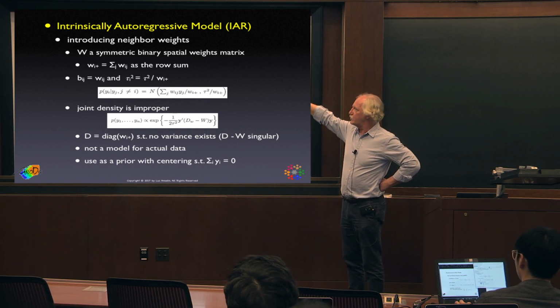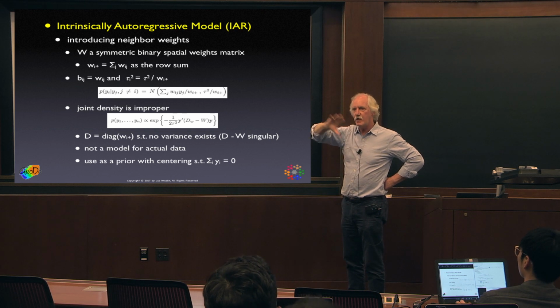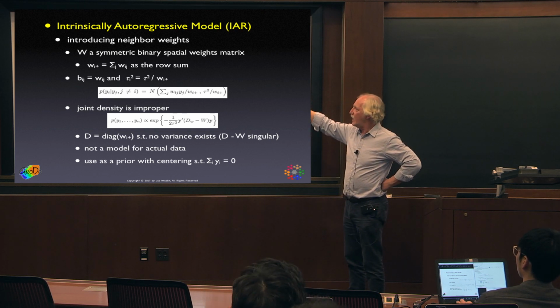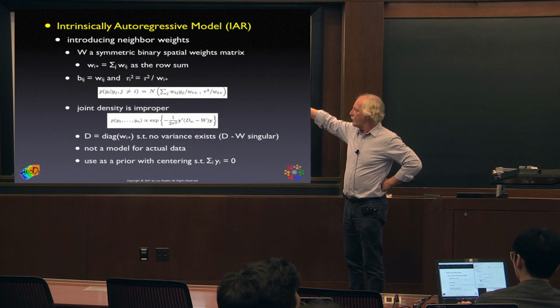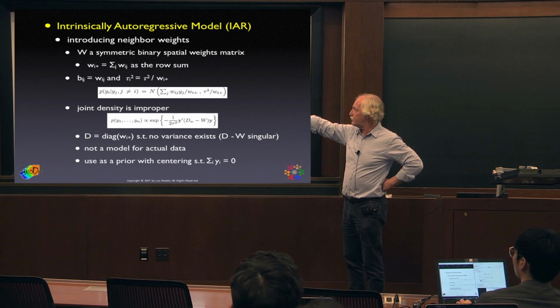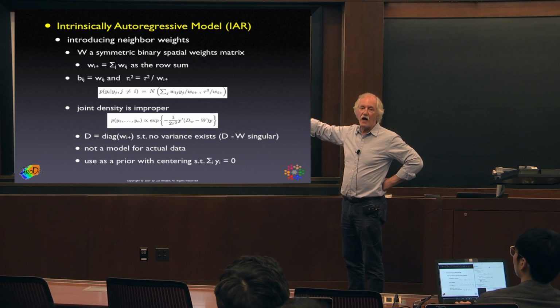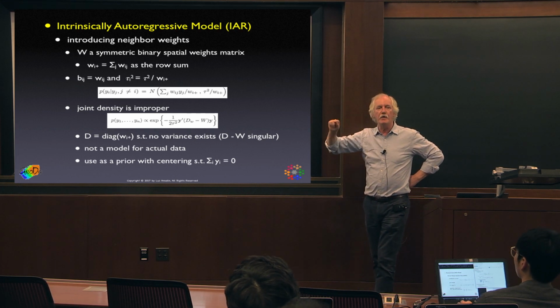So we have our weights. We put in the neighbors. So rather than Bij, which are all these possible values that we then put constraints on, we have the weights, and then we row standardize the weights. So you see it's a normal distribution, the sum over the Wij Yj divided by Wi plus, which is the sum of the row elements.